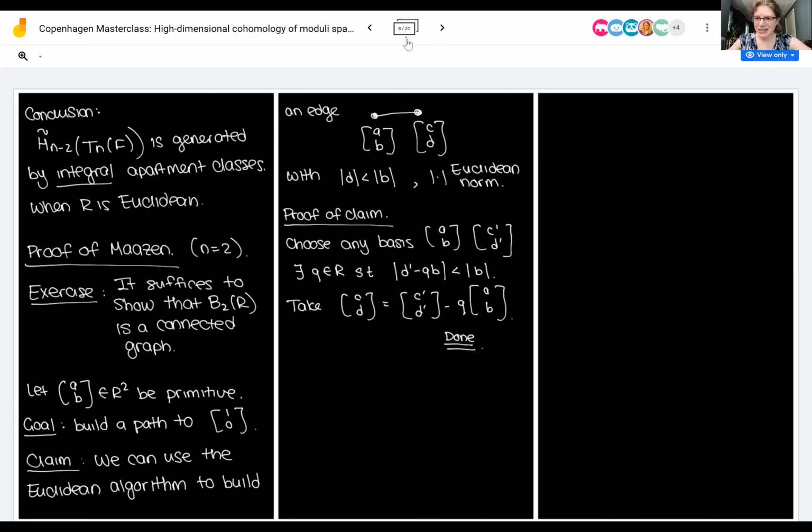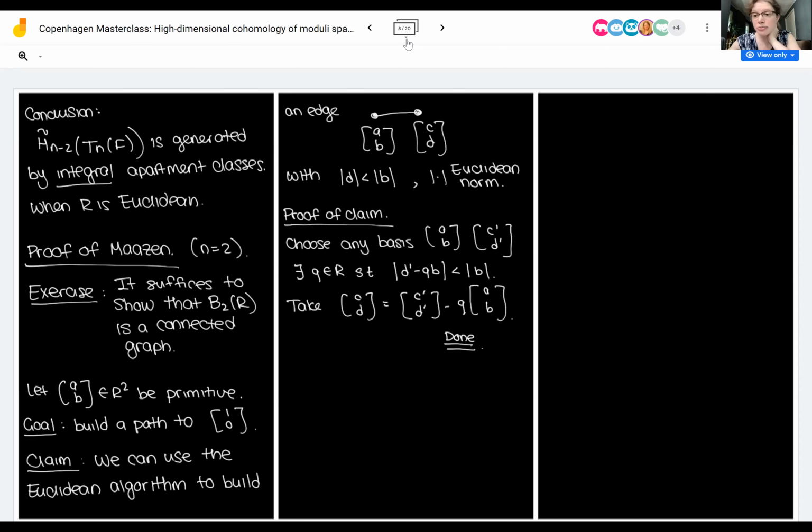And this result did in fact use questions about whether SL2(R) is generated by elementary matrices. In particular, the ring with -19 was included in that it's not generated by integral apartments, even though for the top cohomology, we couldn't show that it was non-zero. That's right.